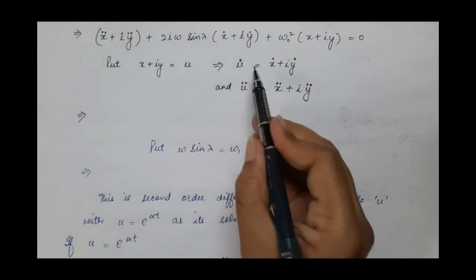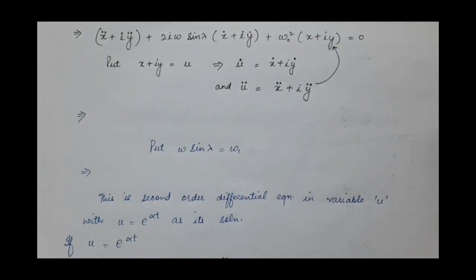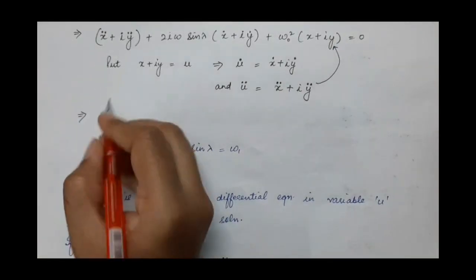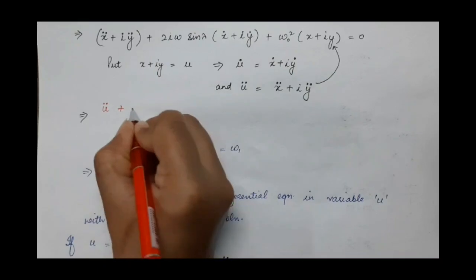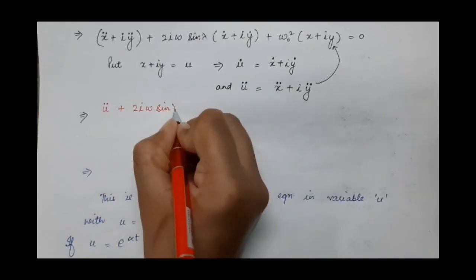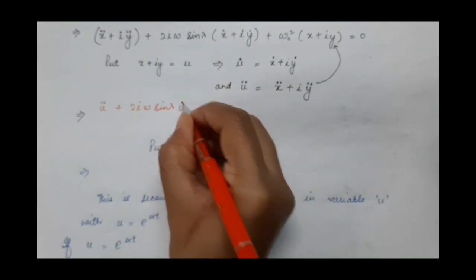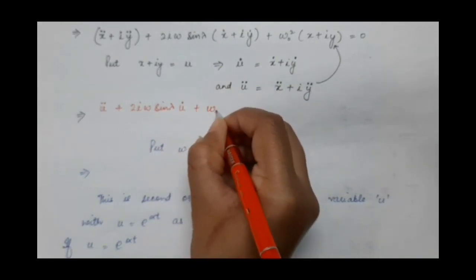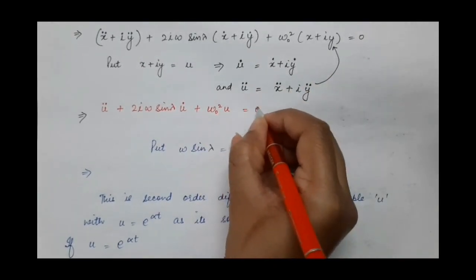So put all these values in this equation, and what you will get is u double dot plus 2 iota omega sine lambda u dot plus omega naught square u, and it is equal to 0.